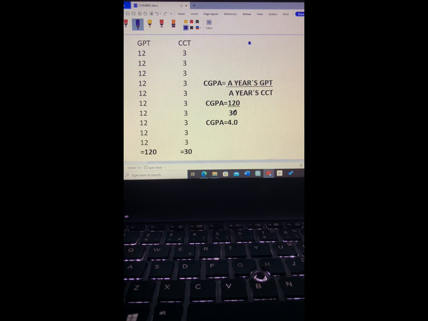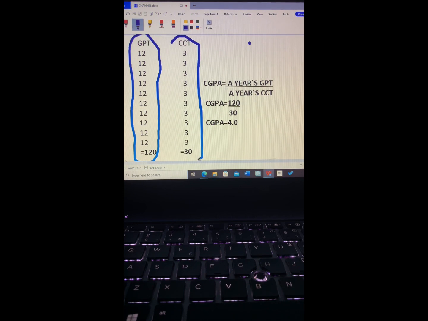We are going to calculate our CGPA in the same manner we did with our GPA. So you sum up our GPT. This time around it's going to be 10 because it's our GPT from level 100 first semester to level 100 second semester. We sum all of this up and divide by our CCT.